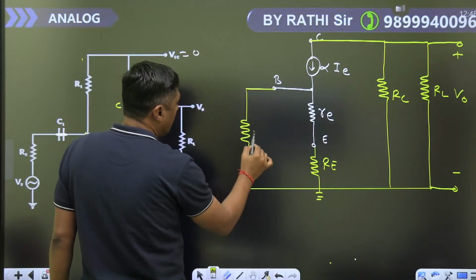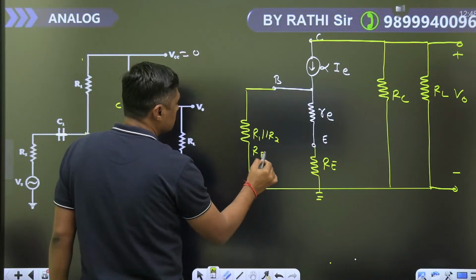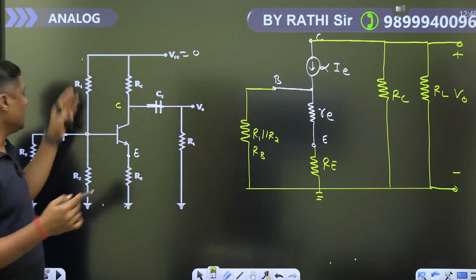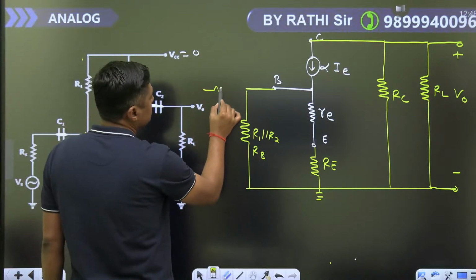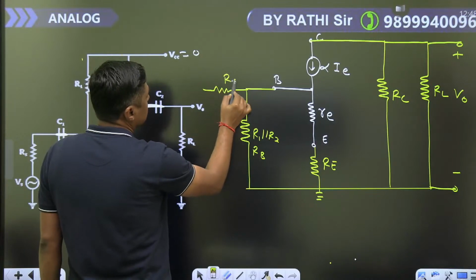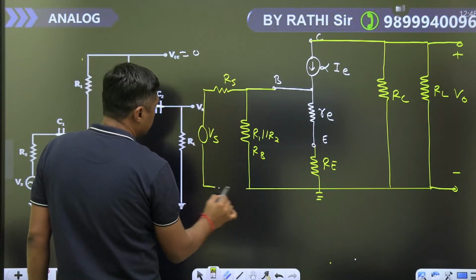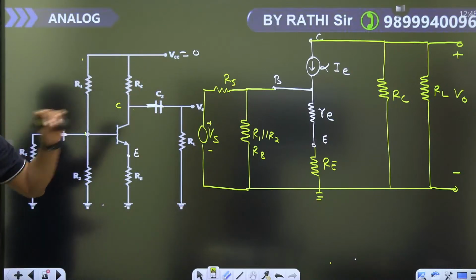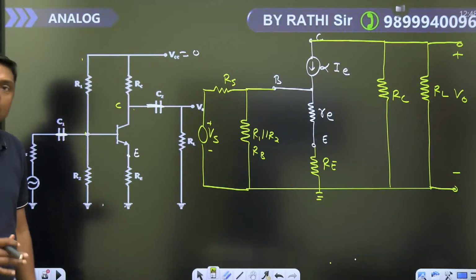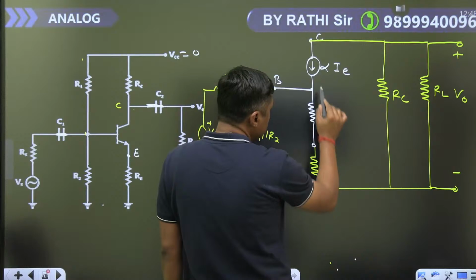This is called R1 parallel with R2, that is the RB. Now RS and VS is connected here. This is the model guys, simple model.